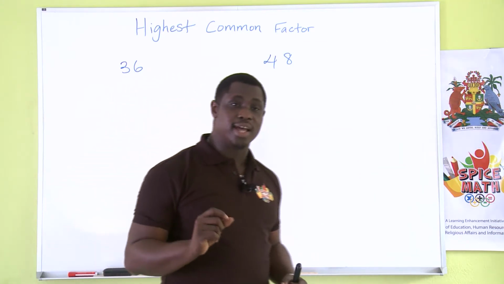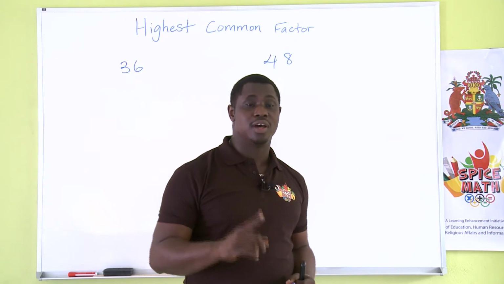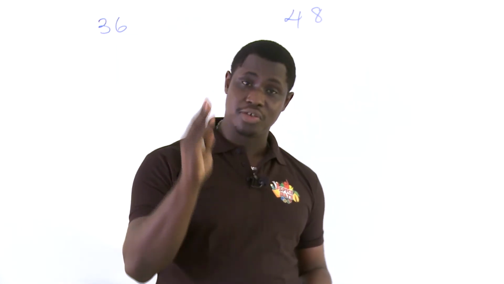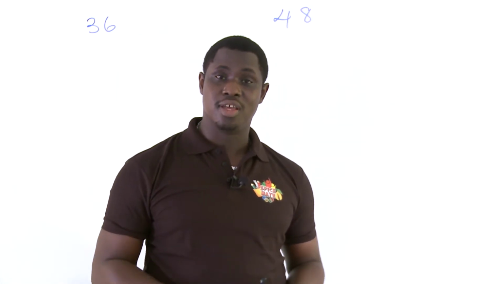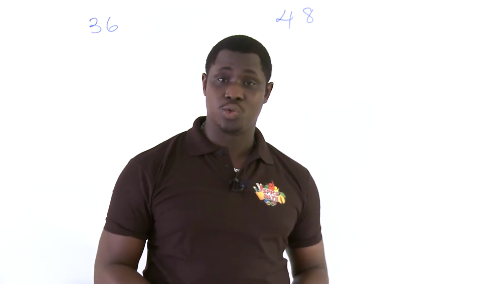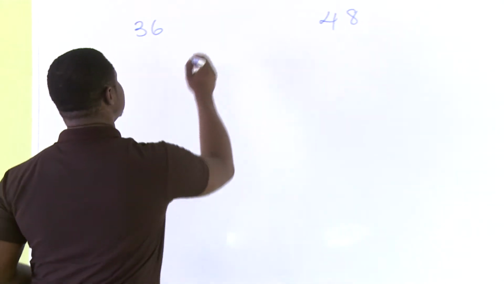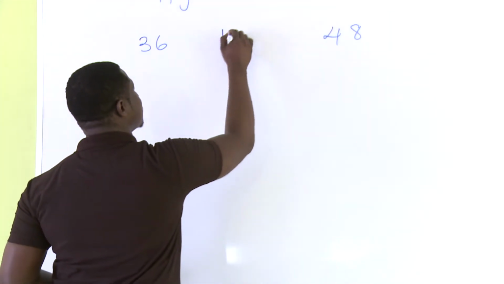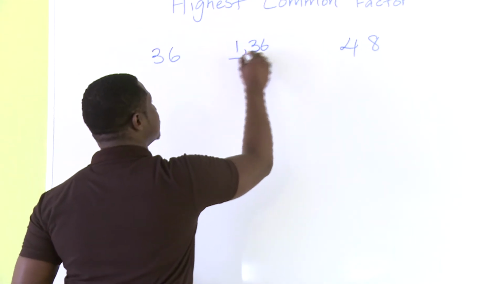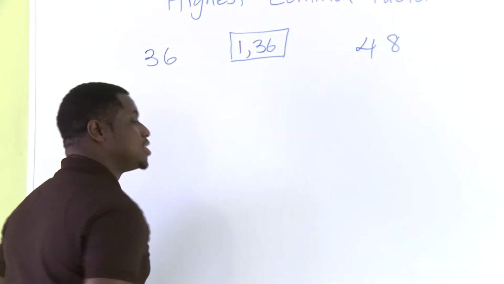We can state that the established factors of 36 would be 36 and 1, meaning itself and the digit 1. So to begin, we can list two of the factors of 36 already, being 1 and 36.